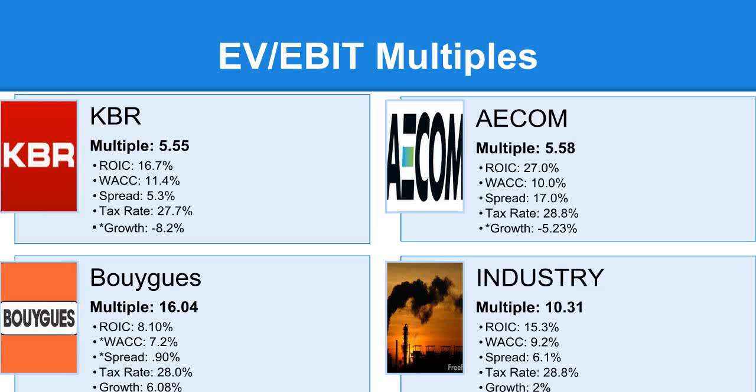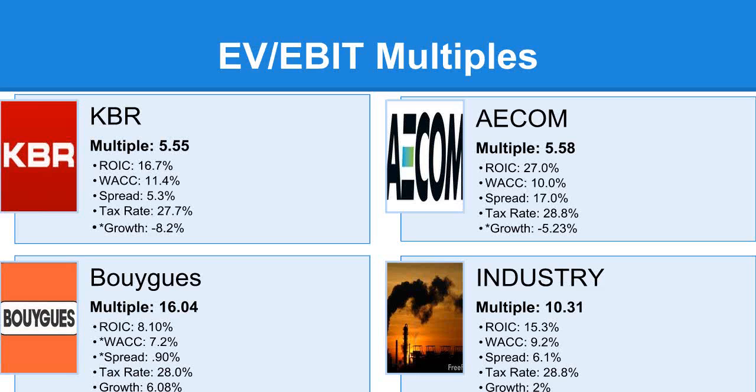This was primarily because of management decisions with their capital structure. So they were able to benefit from a very low WACC at 7.2% compared to an industry weighted average cost of capital using market capitalization at 9.2%. They only had a spread of 1%, so it wasn't really a story about them having any real competitive advantages. The companies with the lowest multiples were basically a tie between KBR and AECOM.